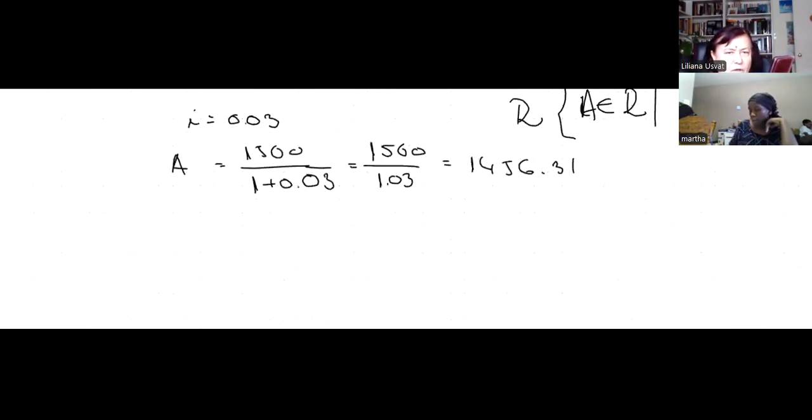D. What is the rate of interest required if $1,000 is invested?